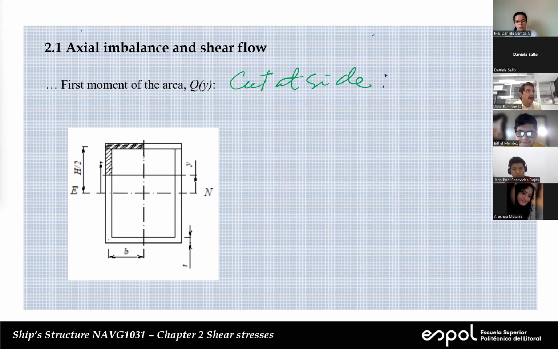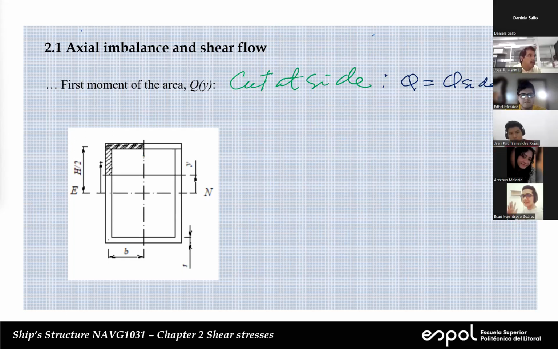In this case, Q is going to be Q at the side plus Q at the deck. We have to integrate from here all the way up to here, because here the stress tau Zx is 0. If we go from here until here, in this cut you don't know the stress.